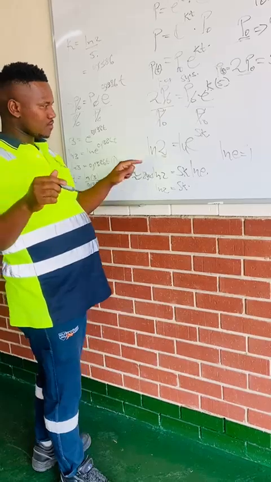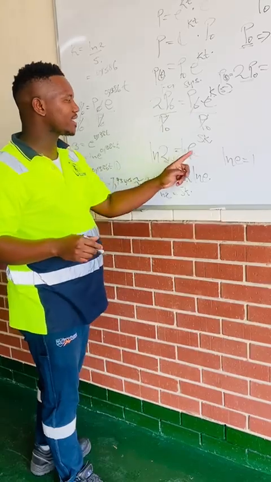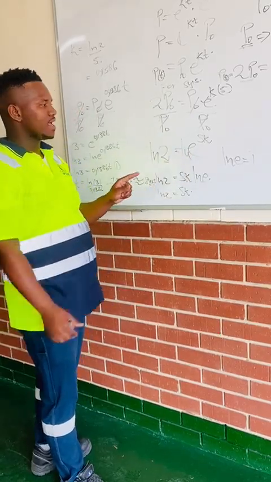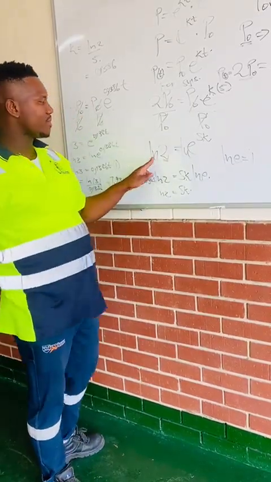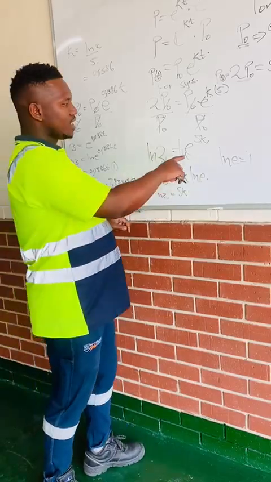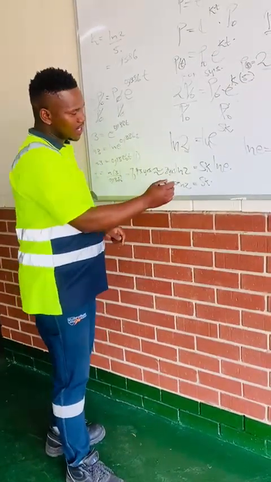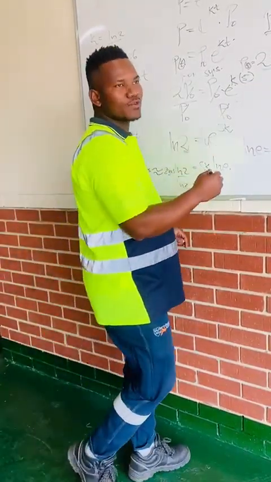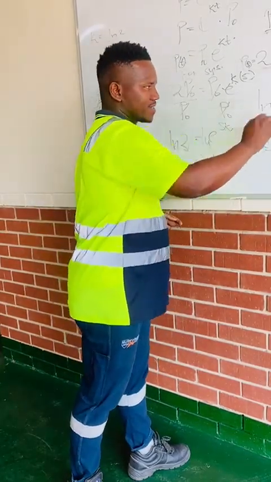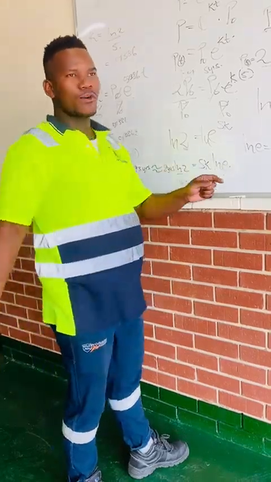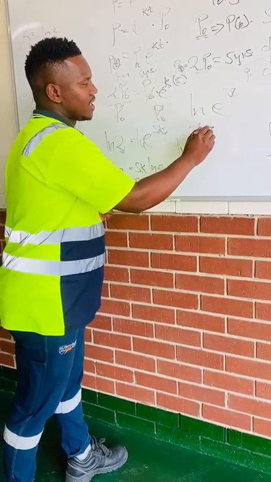Now, we're not trying to know e to the power 5k, but we want k. For us to get rid of this e and bring down the exponent, we're going to introduce the natural logarithm. ln of 2 will be equal to ln of e to the power 5k. From the laws of logarithms, ln of e to the power x allows us to take x down, times ln e.